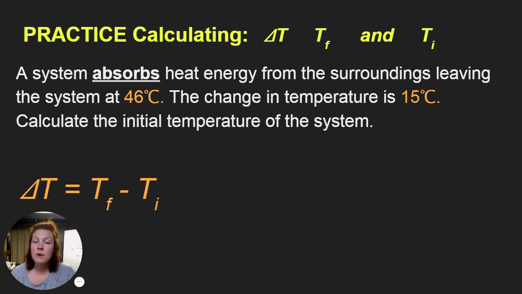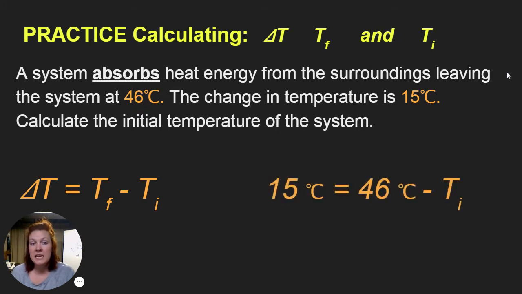Then it gives us a little more information: the change in temperature is 15 degrees Celsius. So we only have the change in temperature and the final temperature, and using those two values, we can calculate the initial temperature. You would take 15 equals 46 degrees Celsius minus T initial.